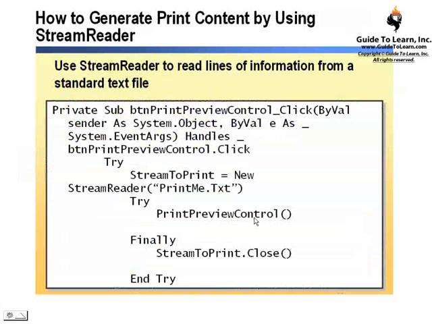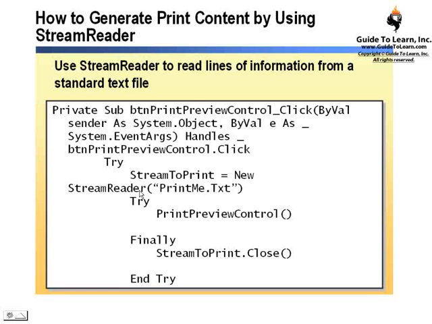This is another example of how to generate print contents by using a stream reader. A stream reader is good for reading lines of information from a standard text file or an XML file. As you see, there's a Print Preview button. As soon as I click on it, in the stream to print, we create a new StreamReader. We have talked about this in a previous chapter, obviously.